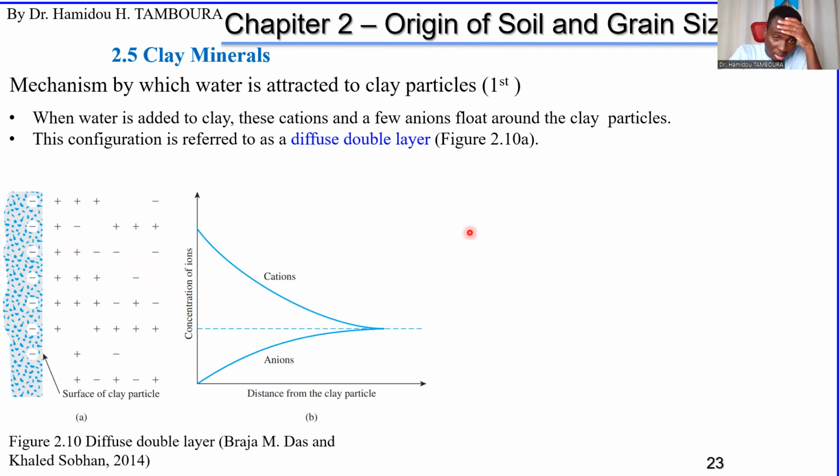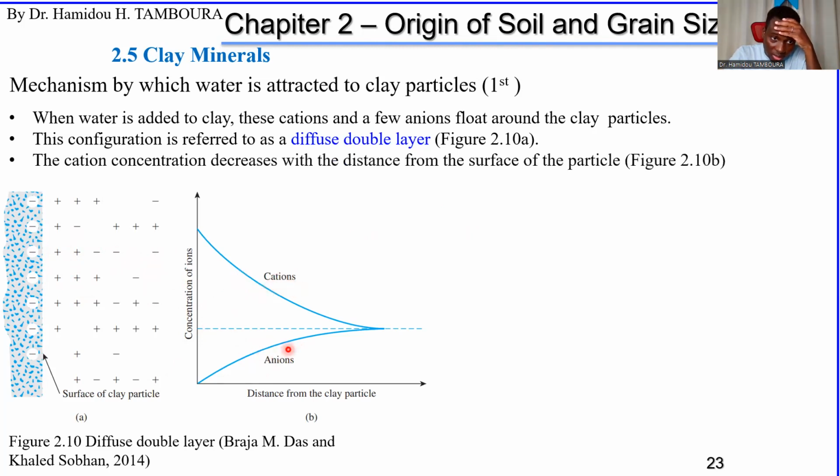So we have this balance between cations and anions. The cation concentration decreases with distance from the surface of the particle.